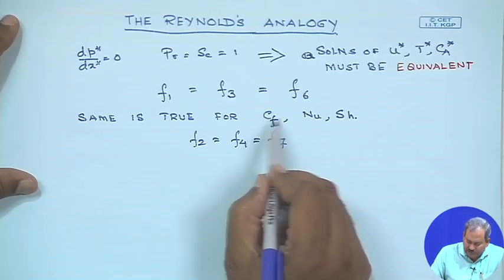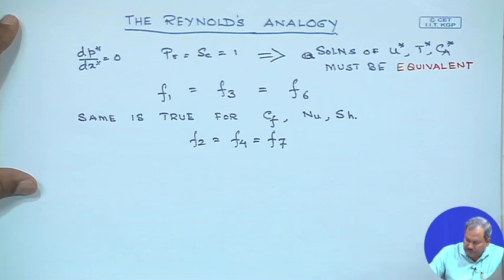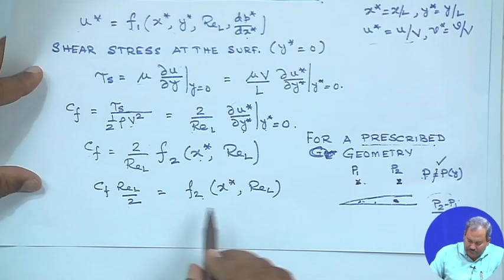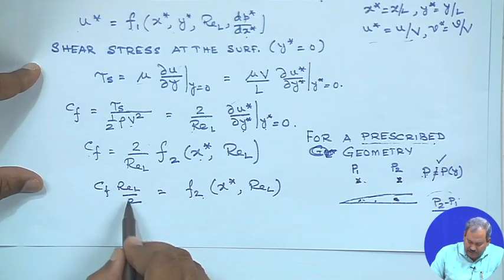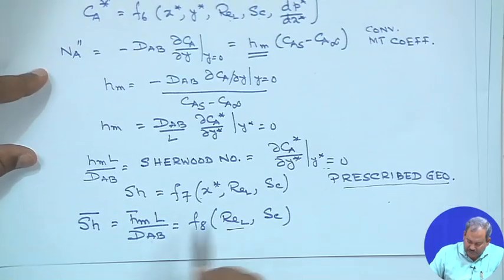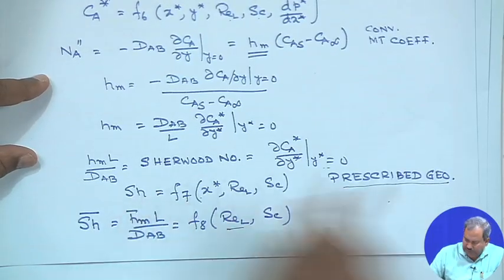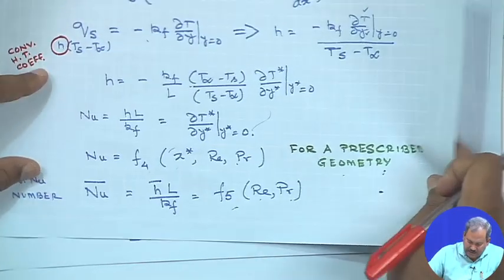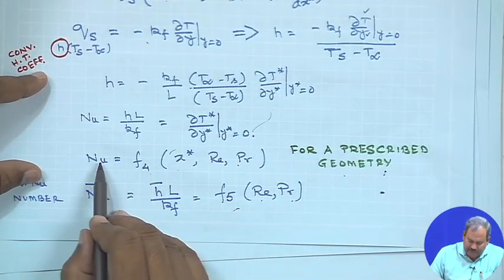So, if you again see the definition, F2 is Cf REL by 2, F7 is Sherwood number and F4 is Nusselt number.